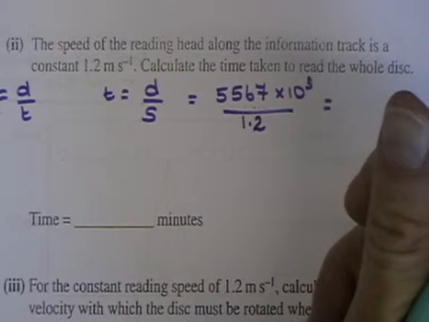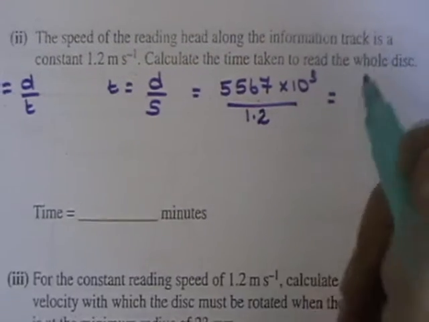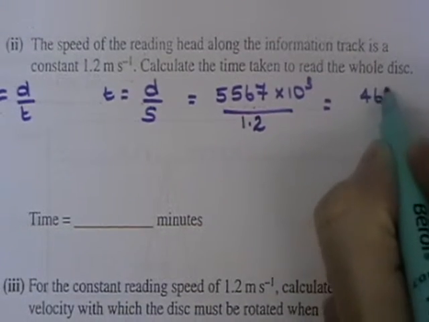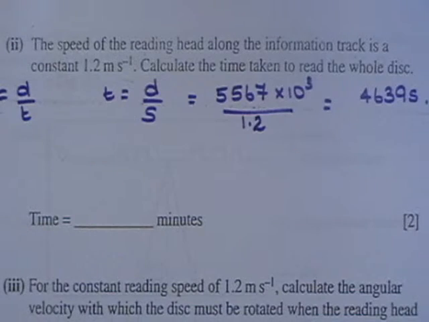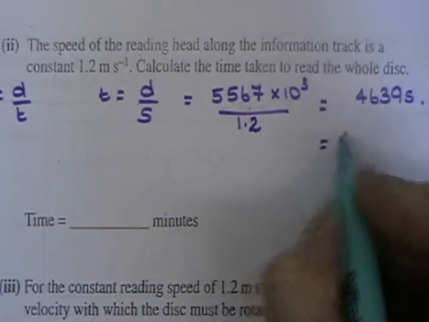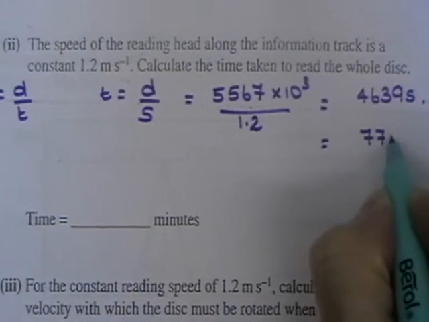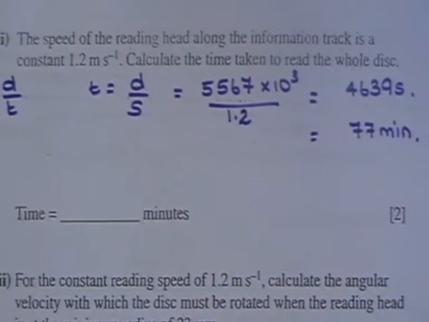And the speed is 1.2 metres per second. And that comes out to be 4639 seconds. And therefore, that is equal to 77 minutes, which seems reasonable if you buy a CD that it would have a time of 77 minutes.